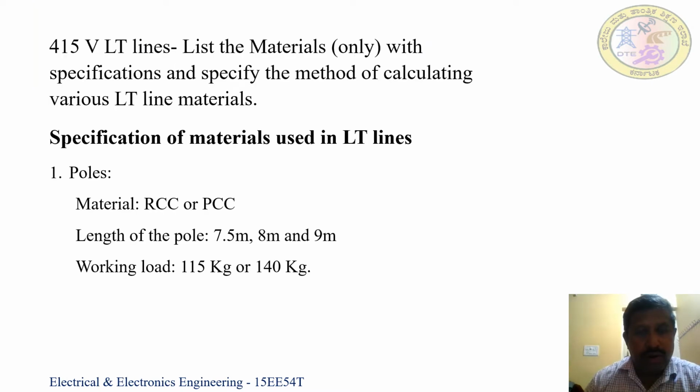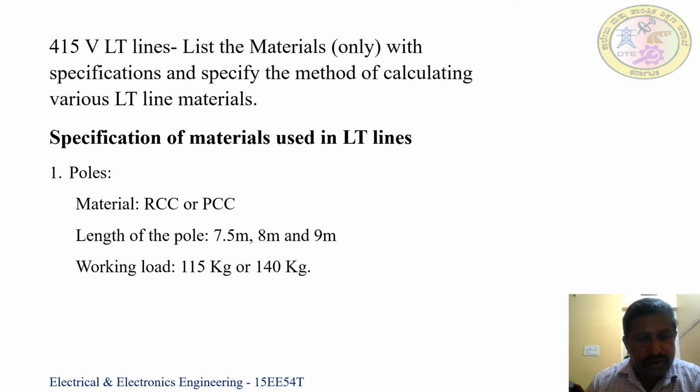Here we have to list the materials with specifications and specify the method of calculating various LT line materials. LT line voltage level is around 415 volts. So first material is poles.